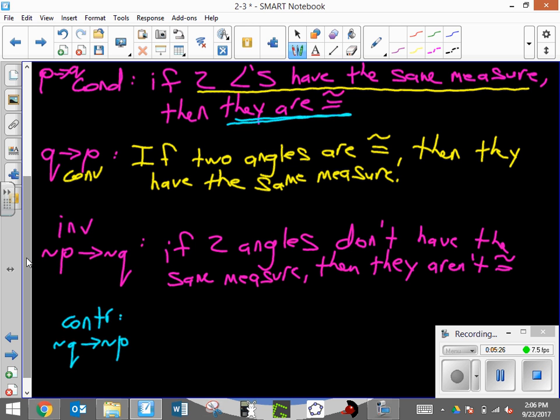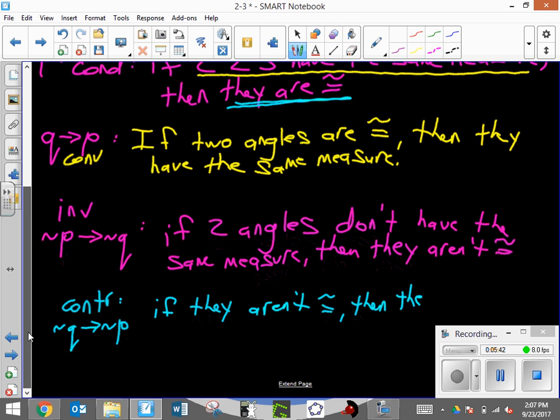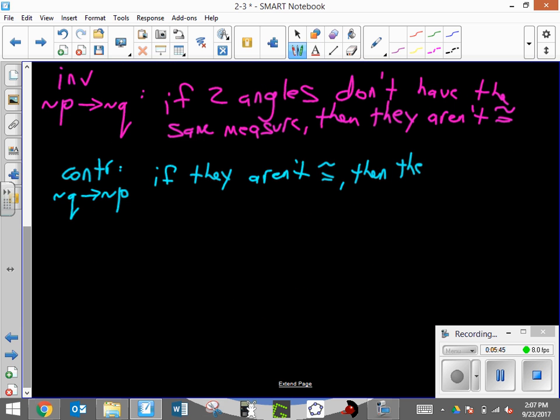Okay, so this time we're going to say if they aren't congruent, then the angles don't have the same measure. Those are all our statements.